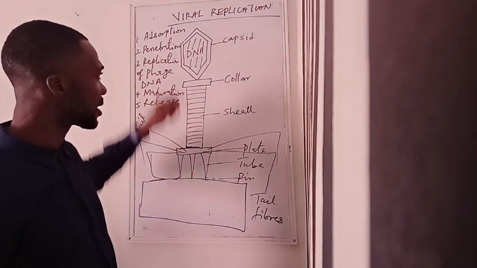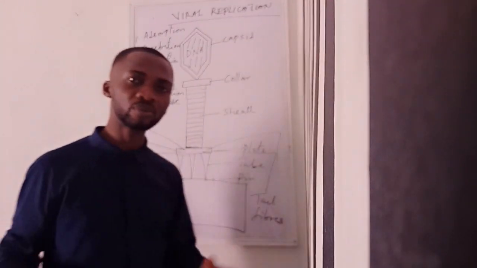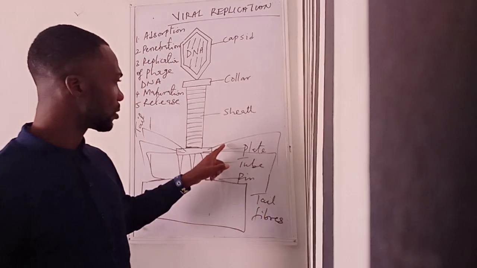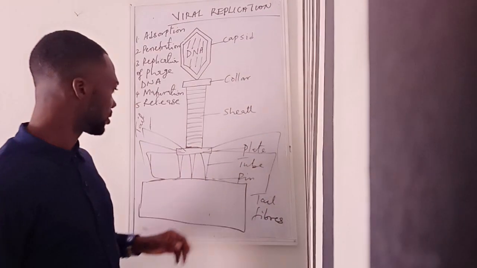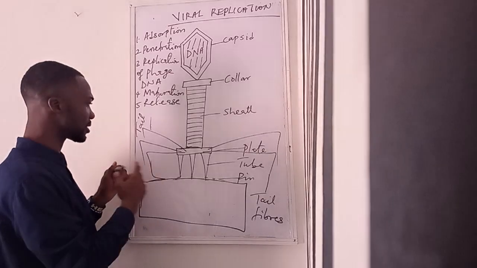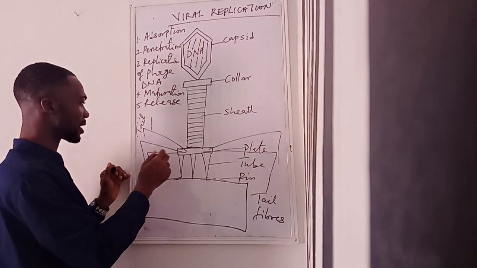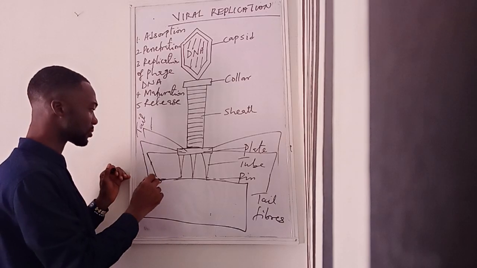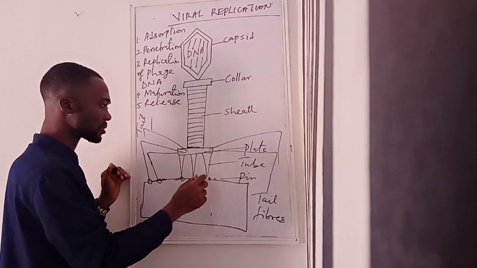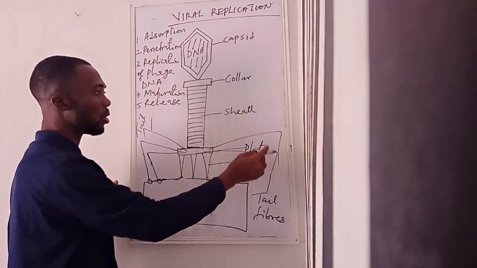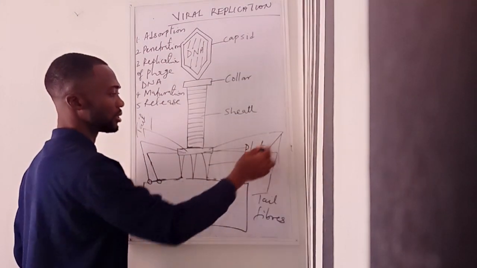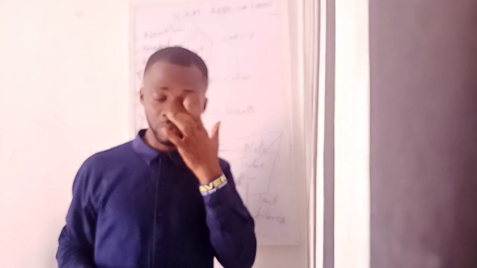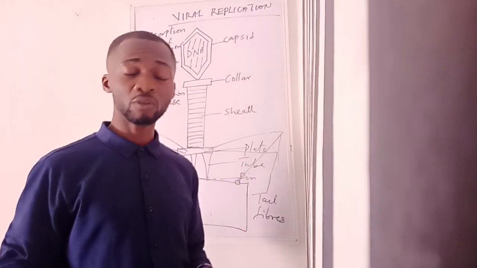So the first is adsorption. And what happens at adsorption is that the tail fibers of the virus attach themselves to certain receptors on the cell wall of the bacteria, or probably on the capsule of the bacteria.